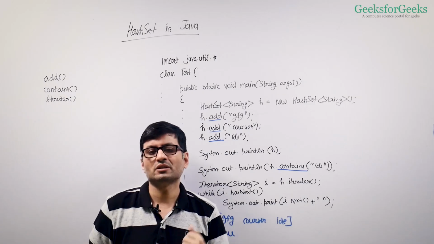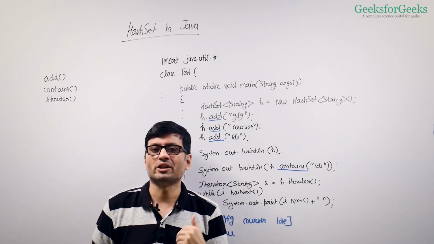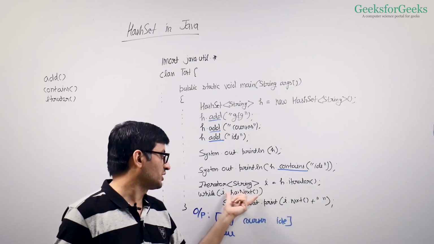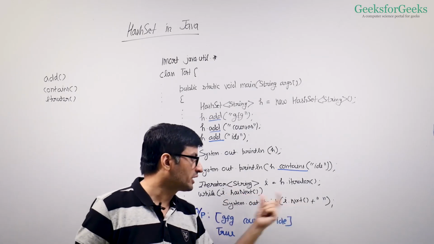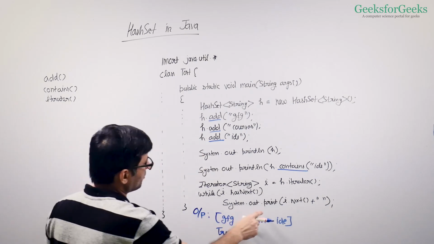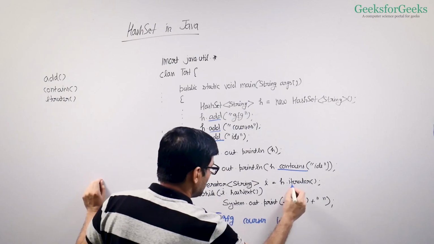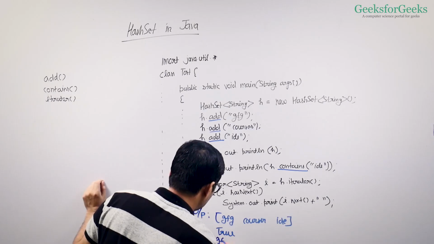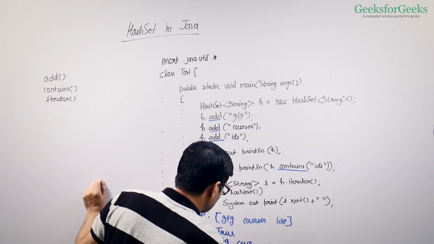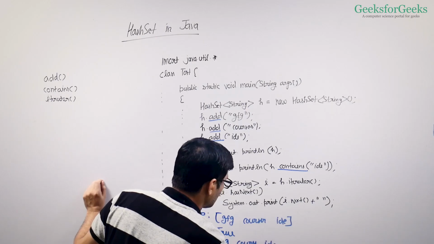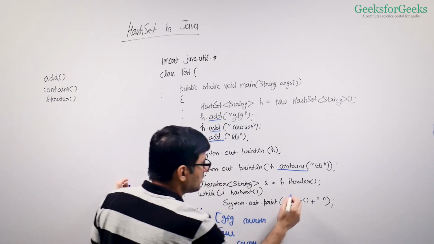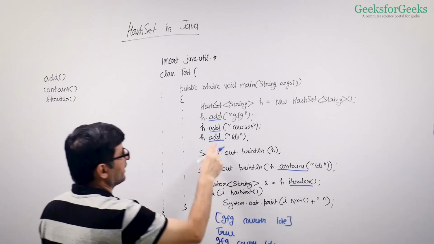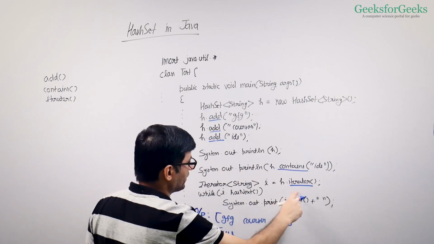The hasNext function ensures that there are items, and then we call the next function. So what is the output of this part? We are printing all the items, so we'll get GFG, courses, and IDE. So we talked about these functions of HashSet: add, contains, and iterator.